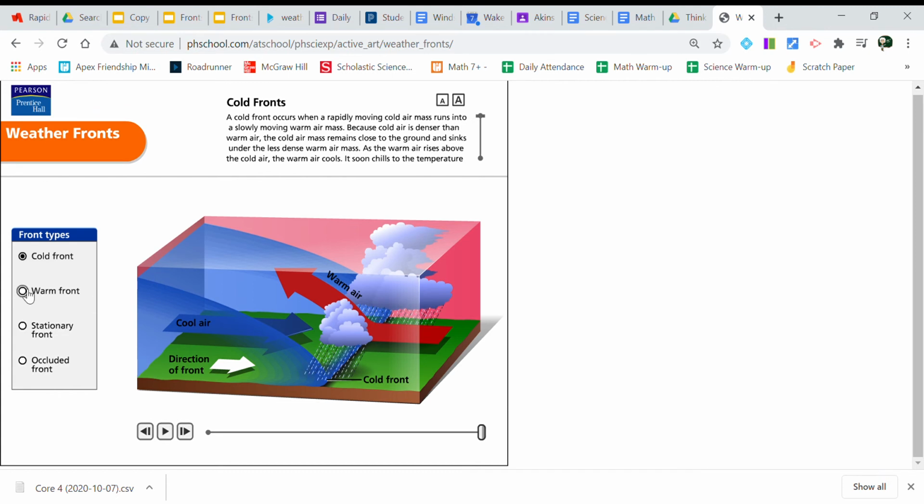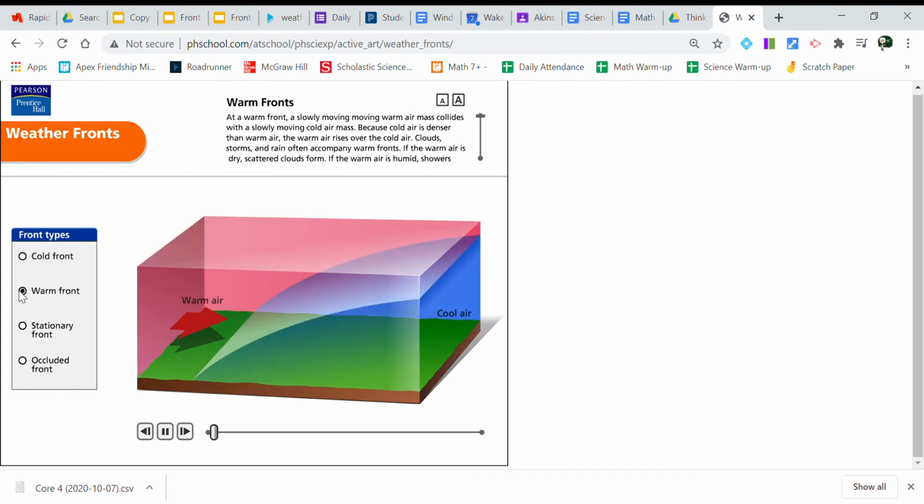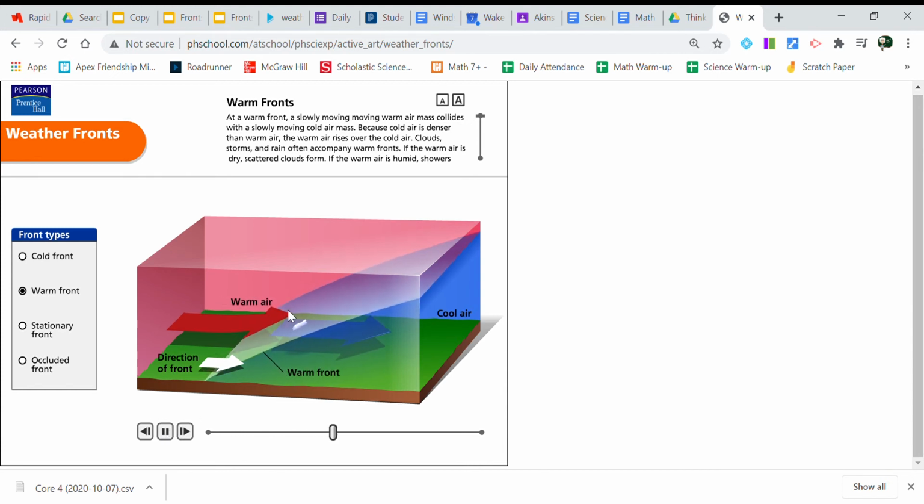So if we look at that difference compared to how a warm front happens, the warm air is still rising, but usually these two air masses are going to be moving in the same direction, and the warm air mass is just moving a little bit faster. So as it slowly catches up to the colder air mass, that warm air mass rises over.